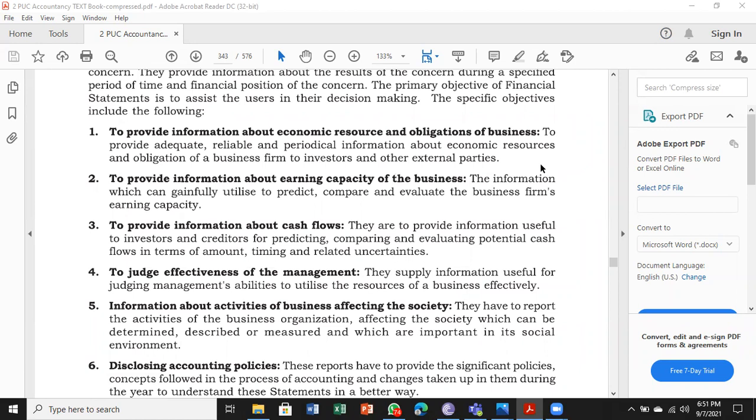So the first objective, as you can see, is to provide information about the economic resources and obligations of the business. Economic resources are nothing but assets. Obligations are nothing but liabilities. But this information has to be accurate.